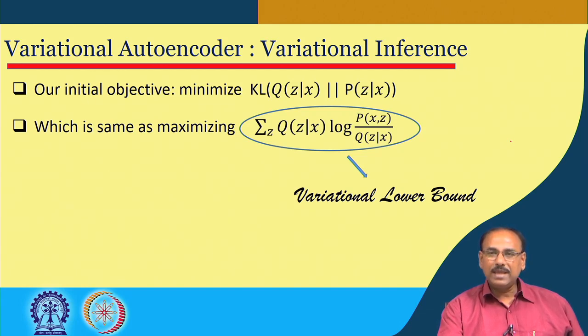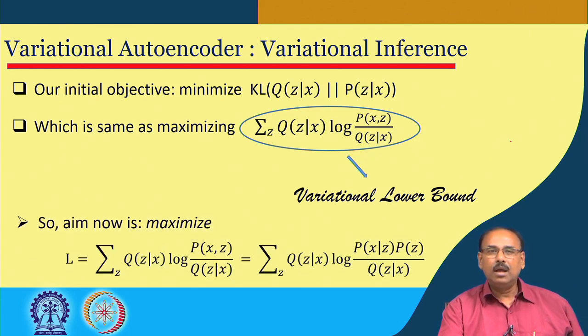So, in order to maximize P(X), it is equivalent to maximize the variational lower bound, because we know that this variational lower bound is always less than P(X). If I can maximize this variational lower bound, P(X) is also going to be maximized. This is an indirect way of increasing the probability P(X).